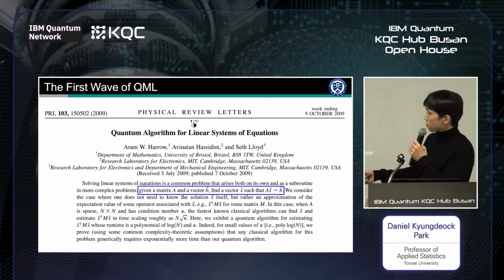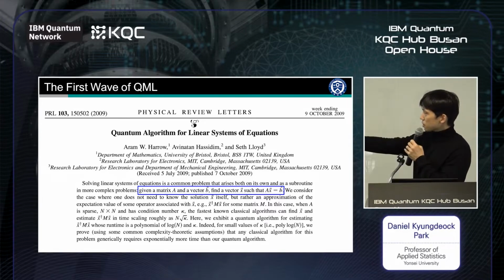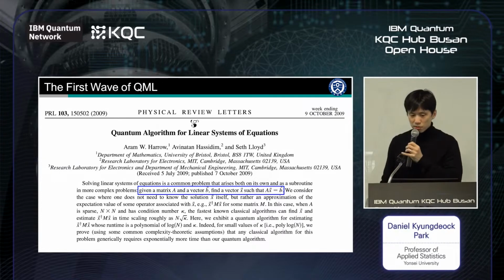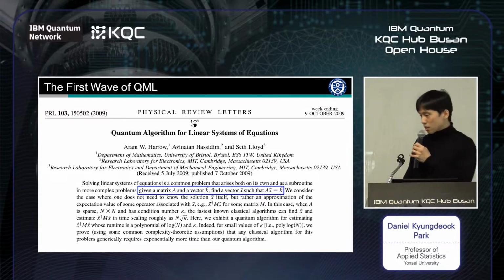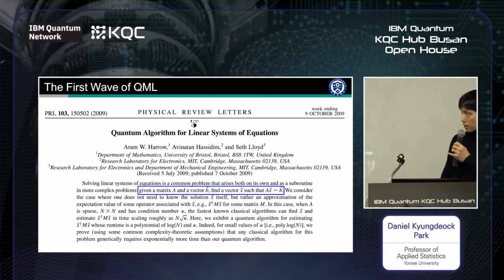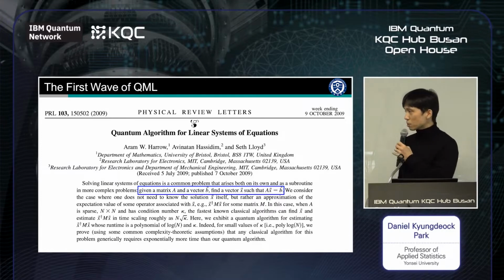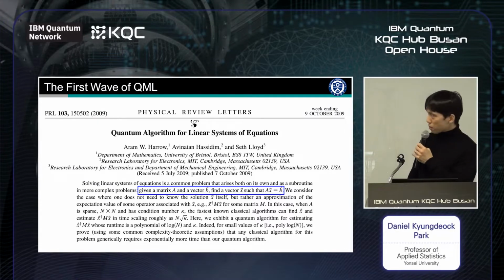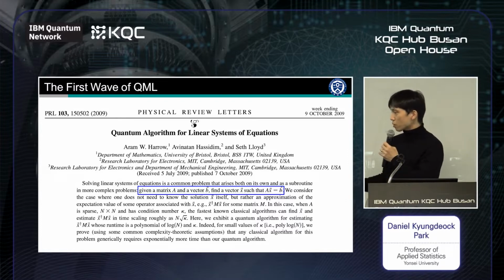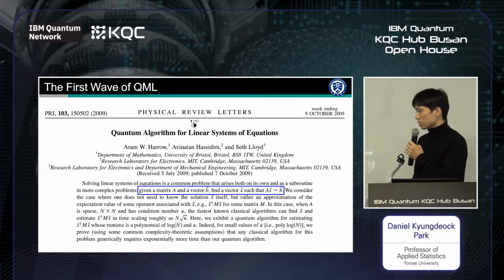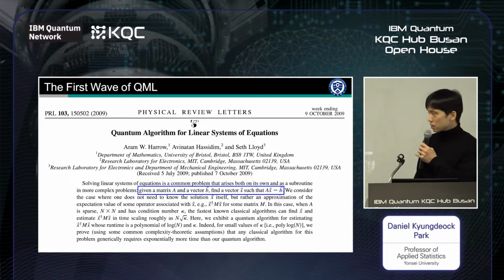If you look at this paper, what it says is that if we use a quantum computer, we can solve linear systems of equations exponentially faster than with a classical computer. In other words, we can do matrix inversion exponentially faster on a quantum computer. This brought a lot of excitement to the quantum algorithm and machine learning community, because matrix inversion appears quite a lot in data analysis in general.